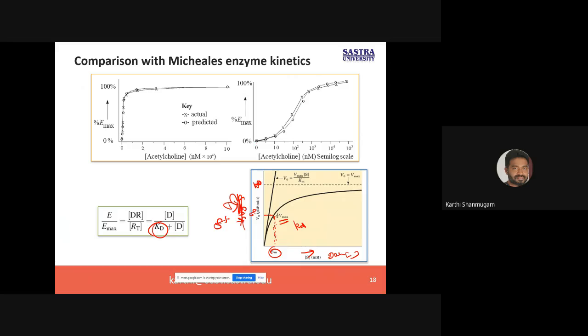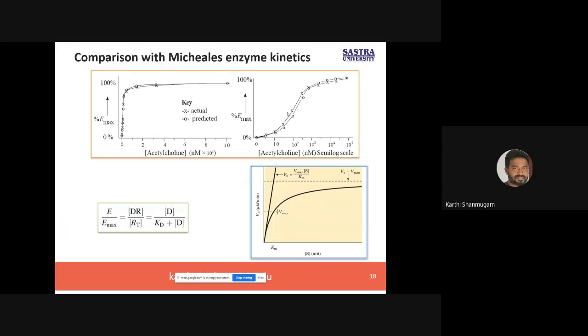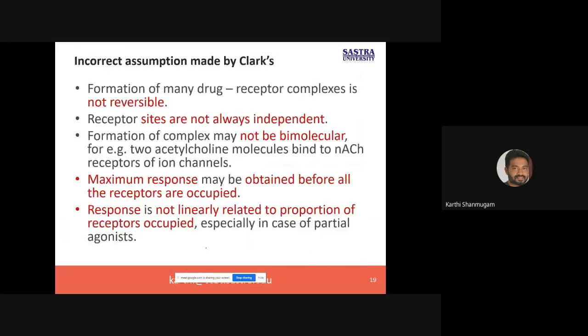Some drug molecules will not fit. If you look at this, we have a good fit here, but unfortunately we cannot expect this fit for all the drug molecules, which means that the assumption he made, or his theory, has some kind of limitation, right? That's what I'm going to show you, what are the basic mistakes he made in his assumption while developing this hypothesis, right?